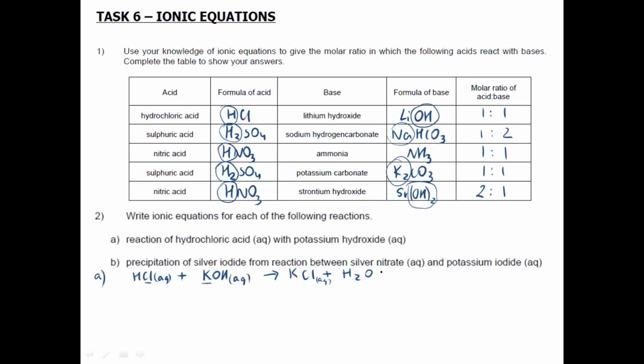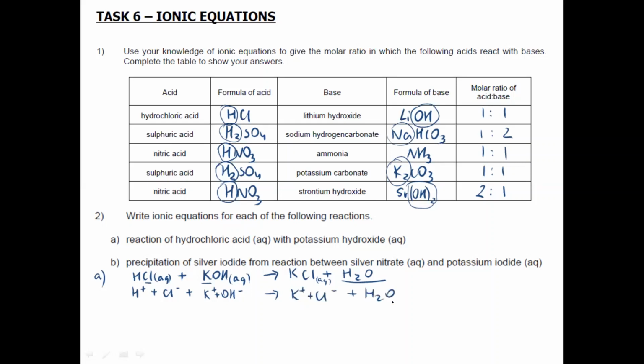So how do we make it into an ionic equation? Because this is not an ionic equation yet. So I'm going to keep water the same because it's simple molecular. Everything else that's aq is ionic. So I'm going to write H plus Cl minus plus, just for simplicity now I'm skipping the state symbols, KOH split into K plus and OH minus, and KCl split into K plus and Cl minus, and plus water.